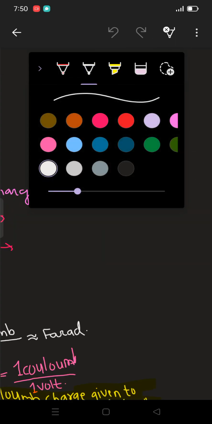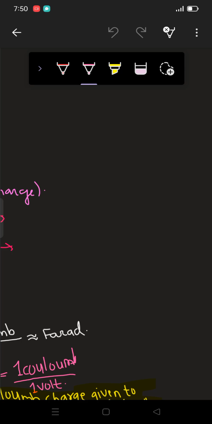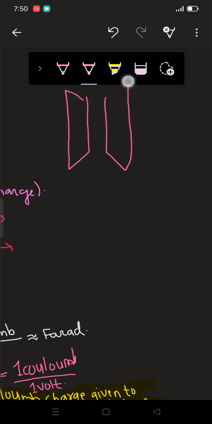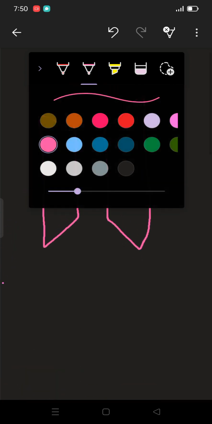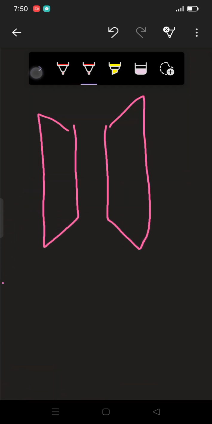Okay, so we have initially considered two oppositely charged parallel plates. So this is one plate, this is another plate, right? One has a positive charge and the second one has a negative charge.